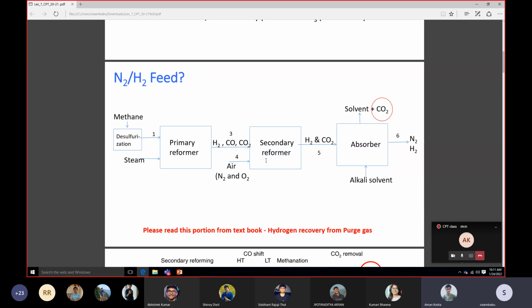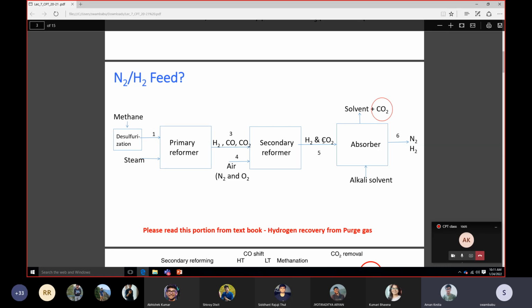Whatever carbon monoxide is there in stream 3 reacts with oxygen coming from stream 4 and is completely converted to carbon dioxide. So after the second reformer, you have hydrogen, carbon dioxide and nitrogen.